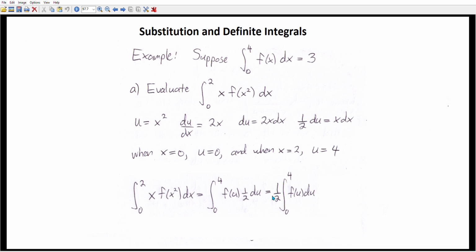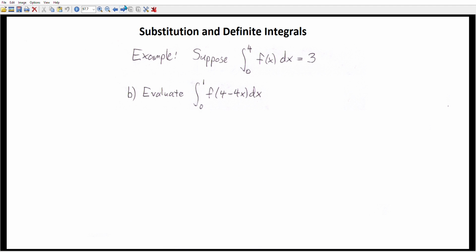And the 1/2 factors out, and we've got 1/2 times the integral from 0 to 4 of f of u du. Now remember what we talked about with dummy variables. It does not matter what this variable is called. It's the area under the f function between 0 and 4, which we know up here is 3. So the answer is 1/2 times 3, or 3/2.